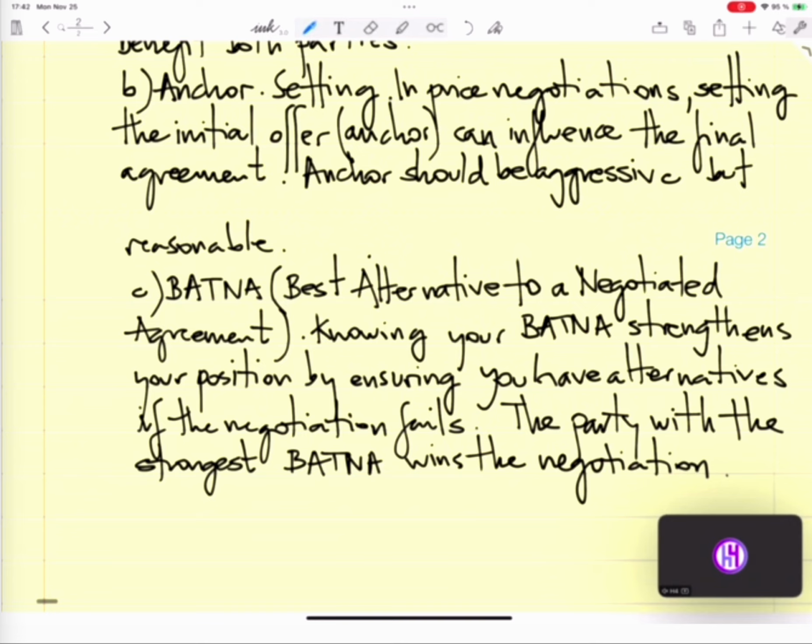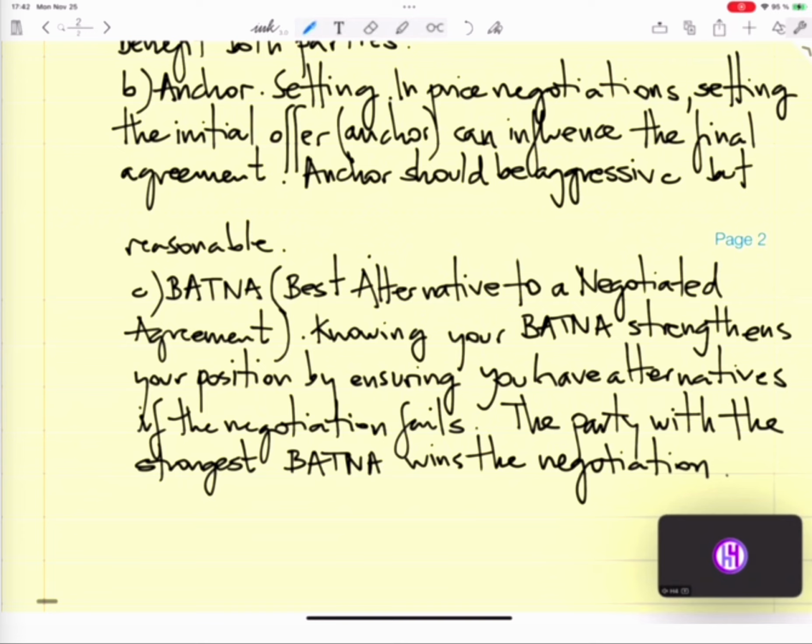So the weaker party, the Ukraine side, has a weaker BATNA. This concept of BATNA is very important. You should look into it while you are studying the topic.